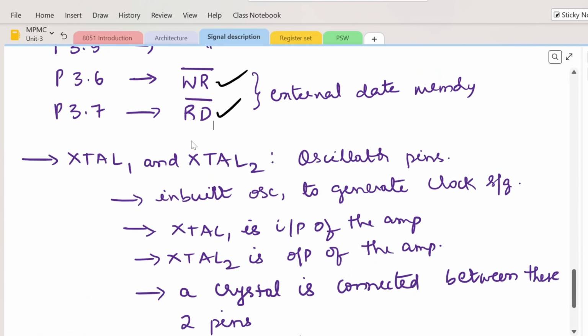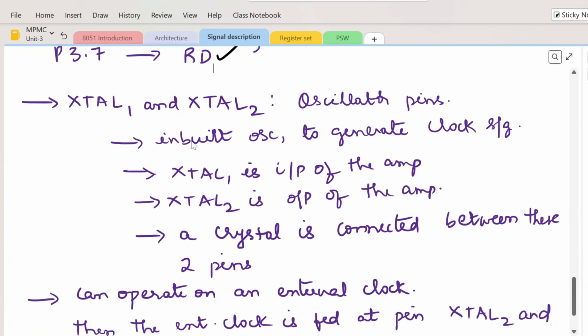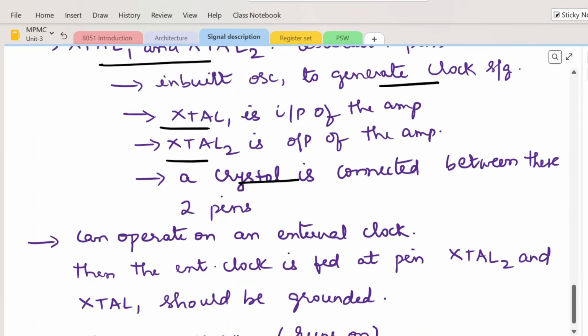Now coming to the next ones, XTAL1 and XTAL2. These are the oscillator pins, and we have an inbuilt oscillator that is used to generate the necessary clock signal for the 8051 microcontroller. XTAL1 is the input and XTAL2 is the output pin, and between these two pins a crystal oscillator is connected to generate the necessary clock pulse.